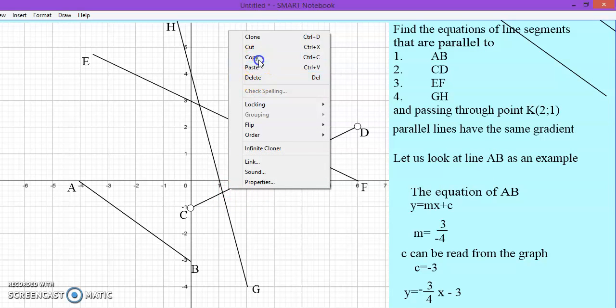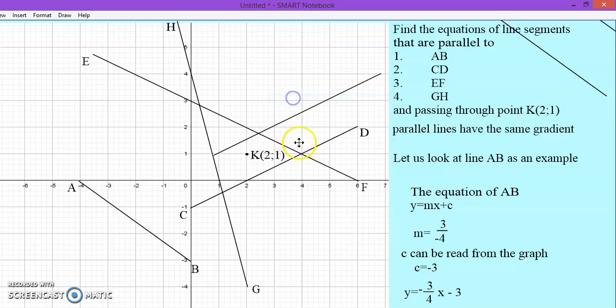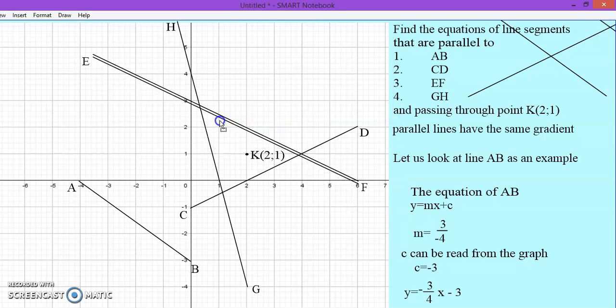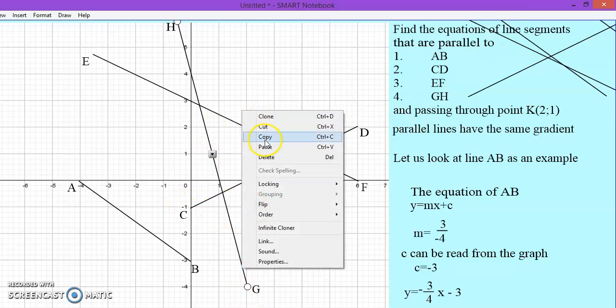Copy this line and we paste it and we say, where will this one pass through? Then I will look at the one that is EF. So if EF passes through K, where will it cut?